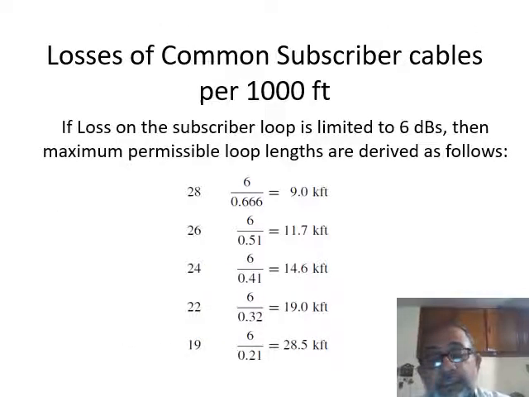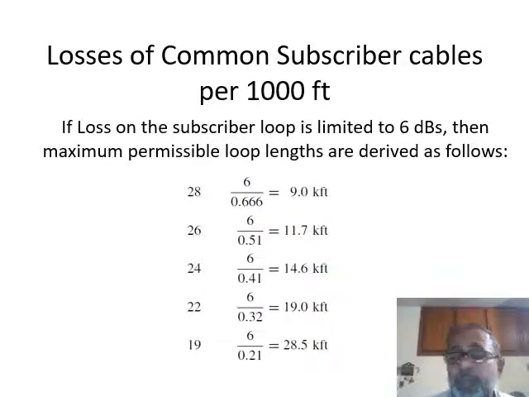And this table is also a very important and interesting table, which shows you the ratio of the attenuation. If the loss of the subscriber's loop is limited to 6 dBs, then the maximum permissible loop lengths are derived as follows.